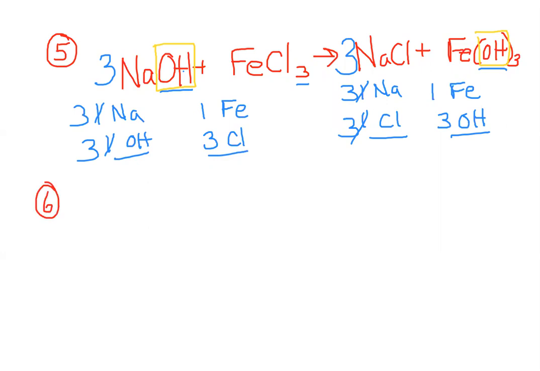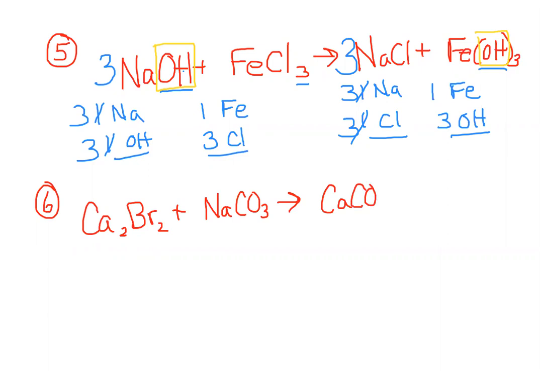All right, let's look at number 6. Ca2Br2 plus NaCO3 yields CaCO3 and NaBr.